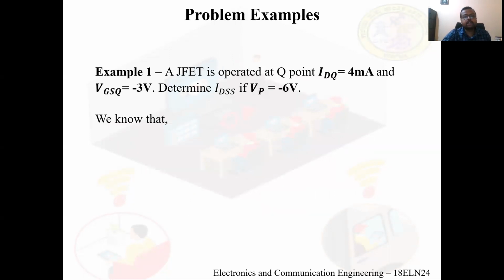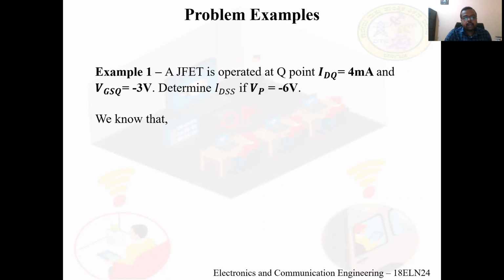Now we'll look at the problem examples related to JFET and the Shockley's equation. Example 1: a JFET is operated at Q point, IDQ is equal to 4 milliamperes and VGSQ is equal to minus 3 volts. Determine drain to source saturation current if pinch off voltage VP is equal to minus 6 volt.